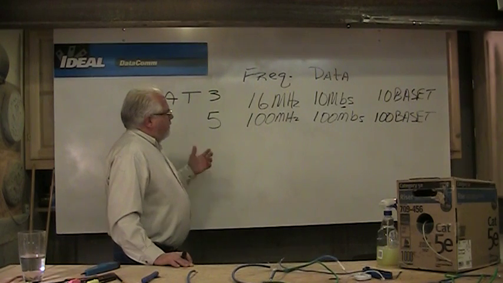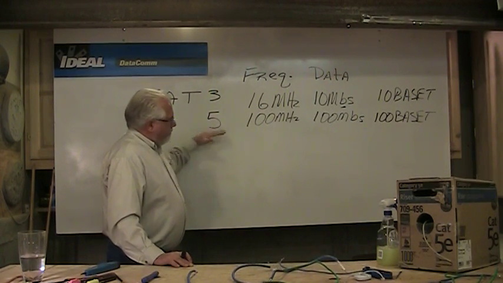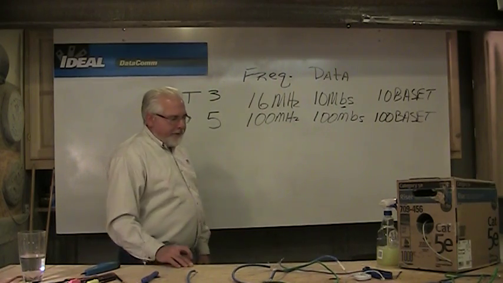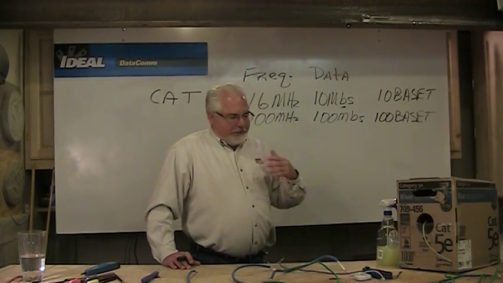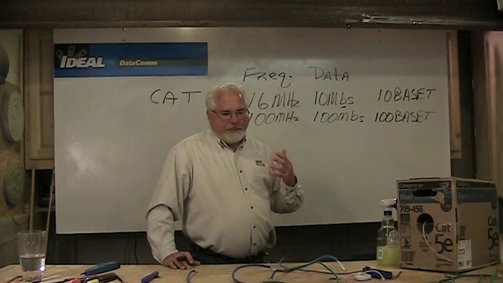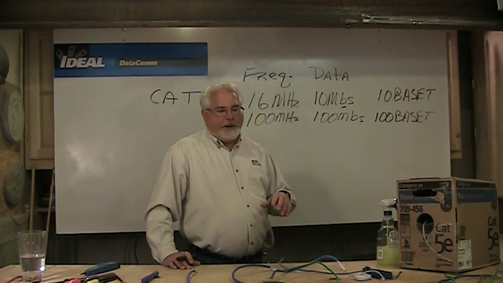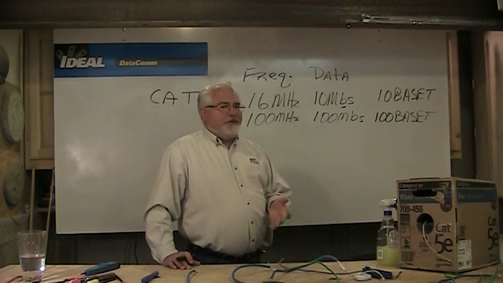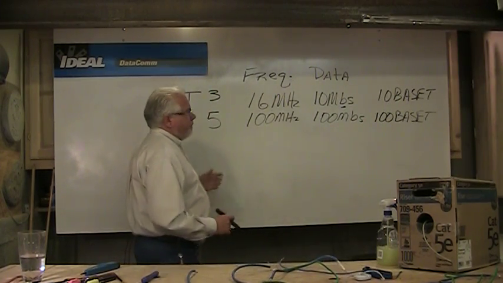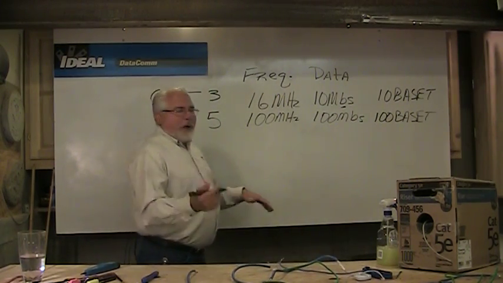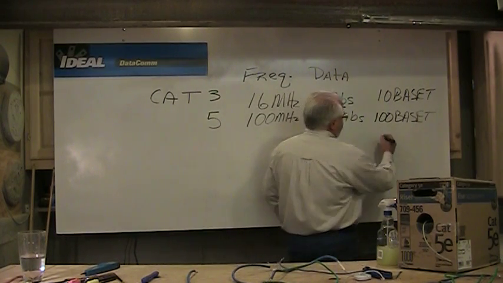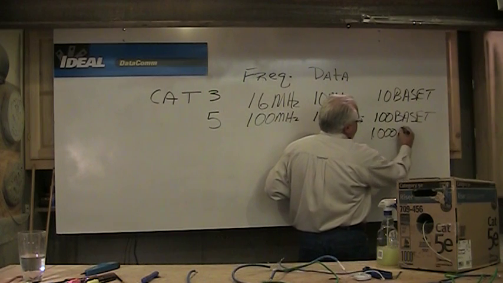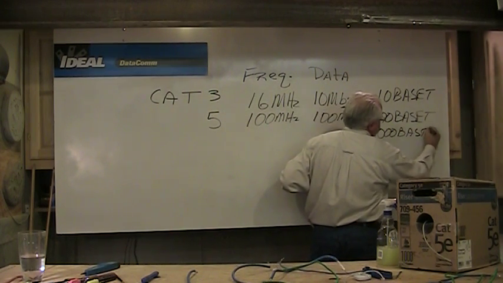Now, several years go on here, and one of the things we can do to make a cable better is there's a lot of things we can do within the cable as far as tweaking it, as far as the twists per inch, the type of insulations and things like that, to make a cable a little bit better. And a number of years go out, and the industry then develops something referred to as 1000 base T. Okay.